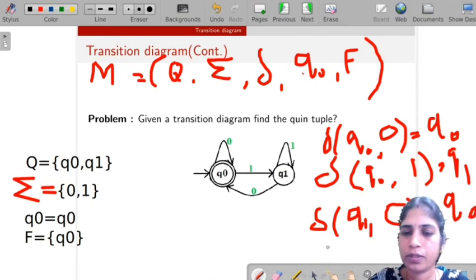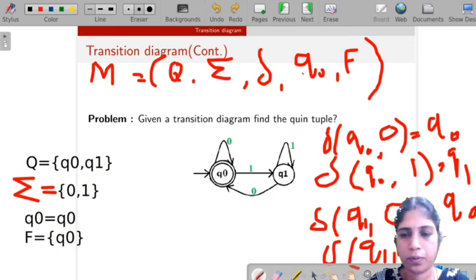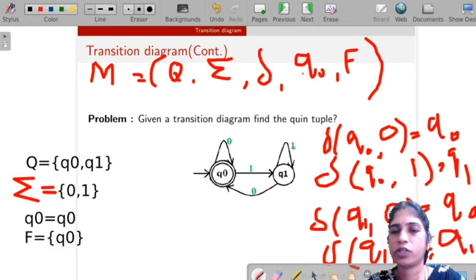The next one is delta of Q1, 1 is equal to Q1 itself. So these are the different transitions in the given diagram.